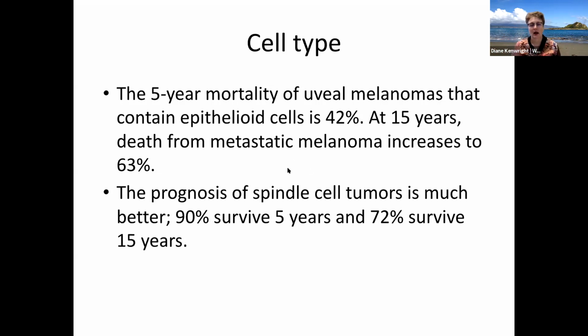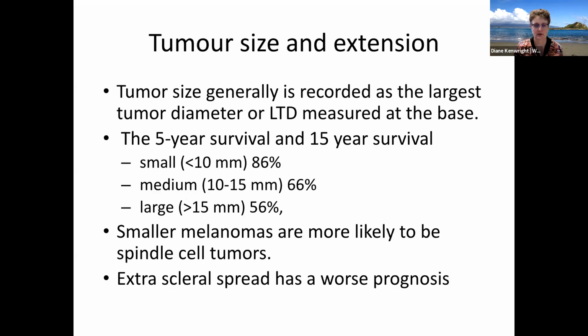Okay. So we know that cell type is really, really important in terms of prognosis. And probably that reflects the genetics as well, because I found that the epithelioid cells mostly come back with monosomy 3. So let's have a think about how we measure histologically. We still measure the things that you measure clinically, okay? So you can kind of cross-fertilize that information.